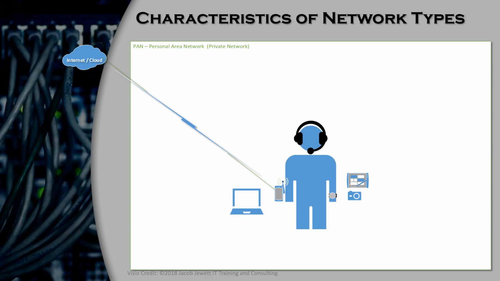So let's imagine that you've got your cell phone here, and this cell phone you've set up as a personal wireless access point. You could be sharing with your laptop, your camera.